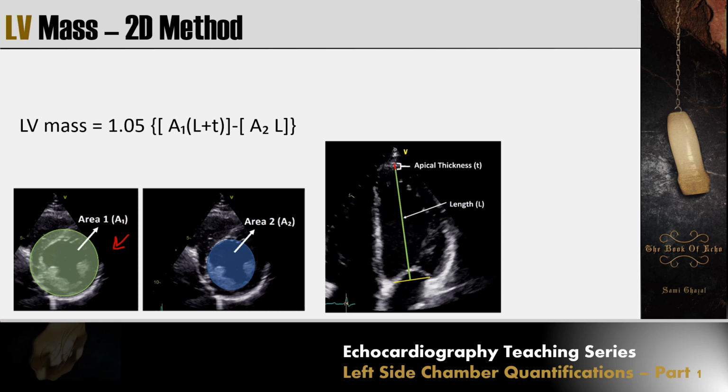And then we measure only the cavity here. We exclude the muscle. By subtracting both of them, after we get the volumes, we will get the volume of the muscle by itself. Then we convert it into mass. And this is how we get the LV mass by the area length method.